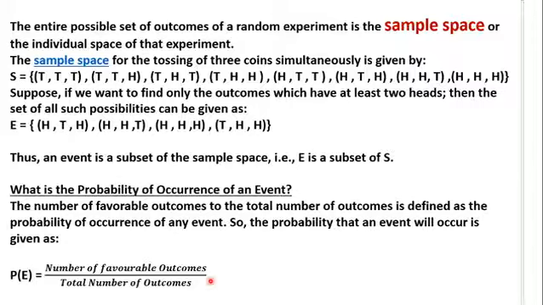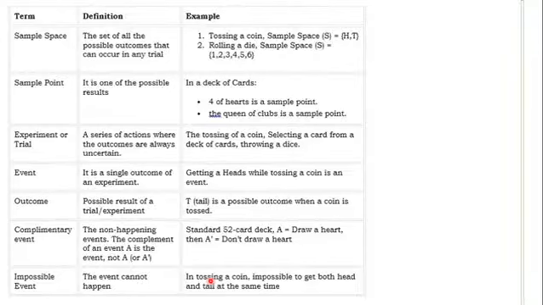Now let's see this table, which gives us definitions and examples of some of the important terms that you would need to keep in mind when you are dealing with probability. The first is the sample space, and it is the set of all possible outcomes that can occur in any trial, just like we said. So the sample space for the toss of a single coin will be head and tail.